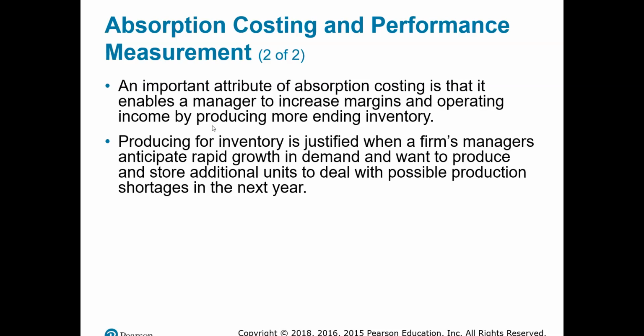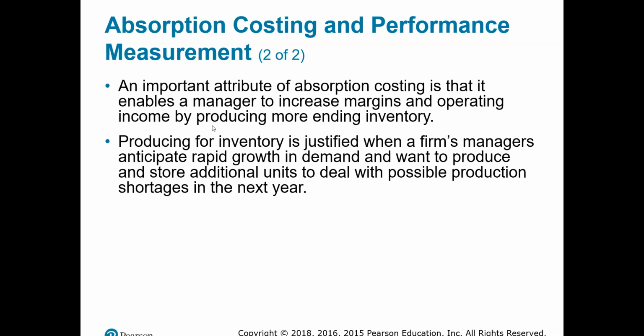But what happens if we're producing a lot of inventory and then we don't have the anticipated demand and we don't have production shortages? Then we have an issue where we have an excessive amount of inventory. And with an excessive amount of inventory, we have higher insurance costs, higher obsolescence costs, higher spoilage and shrinkage costs. We have a lot of storage costs.